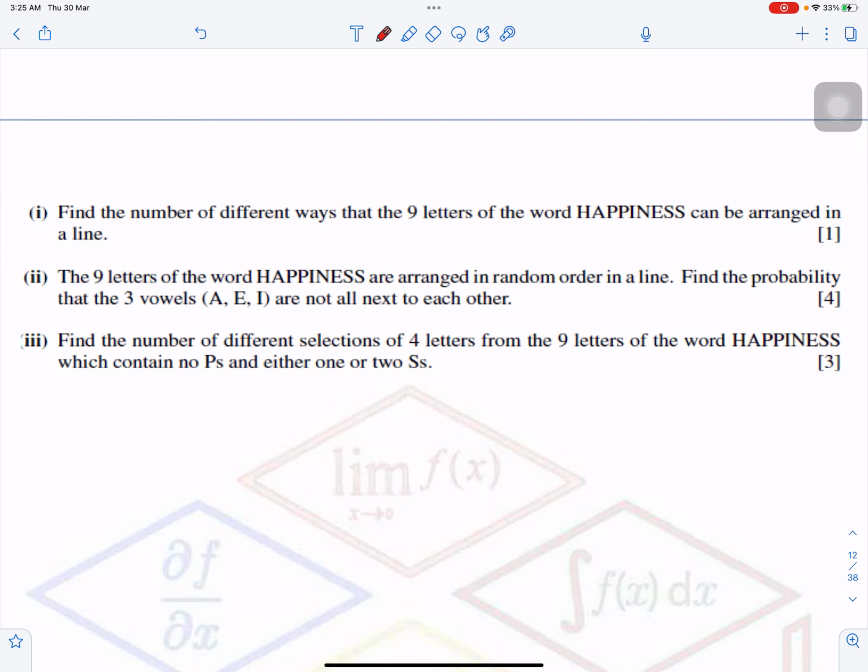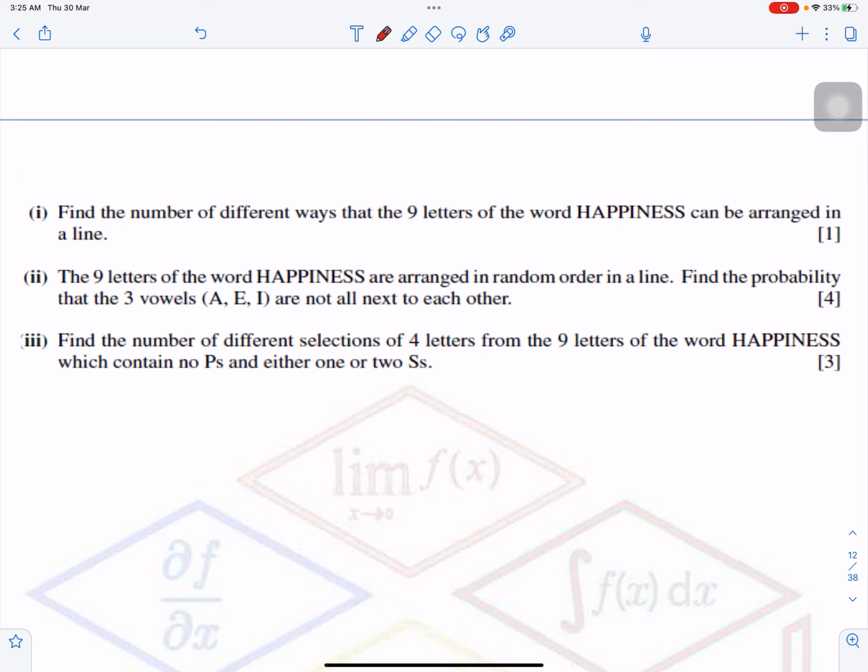The technique to handle those types of questions is different, which I have explained earlier in my videos, and you will see the link in the description. In this case it is saying not all next to each other. And a very important thing, it is talking about the probability, not just the arrangement. Whenever we are talking about probability, the denominator has all the possibilities, which is called the sample space.